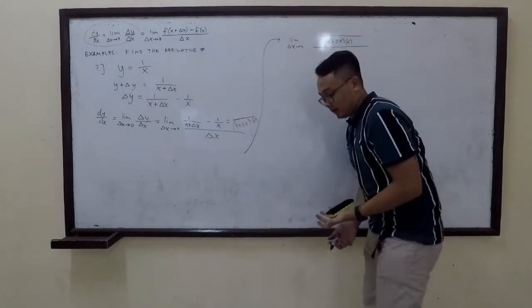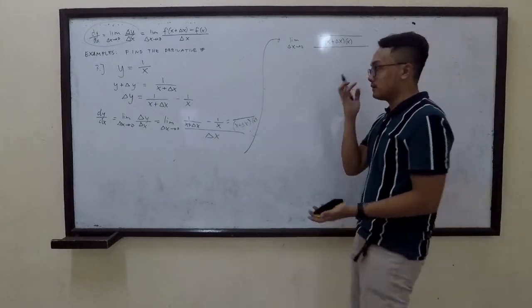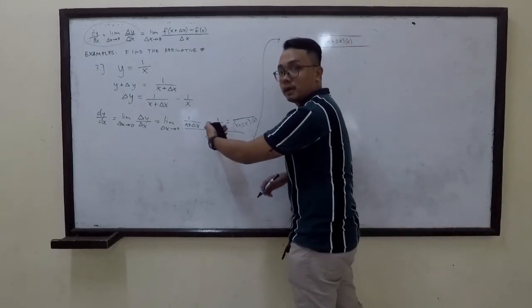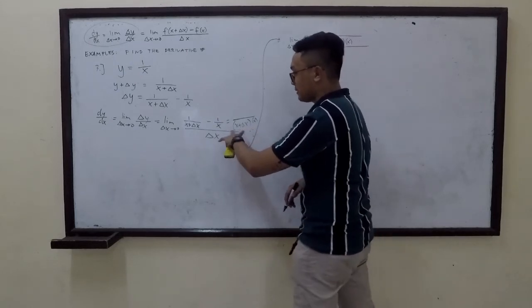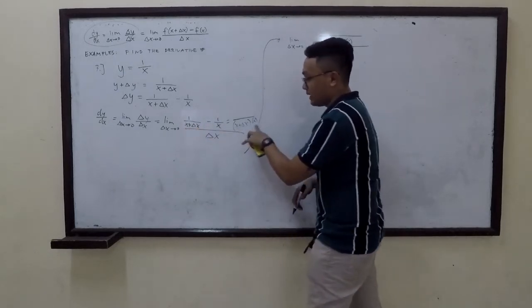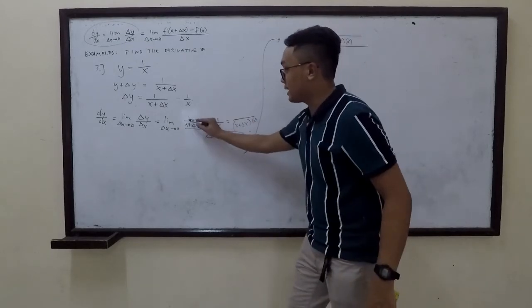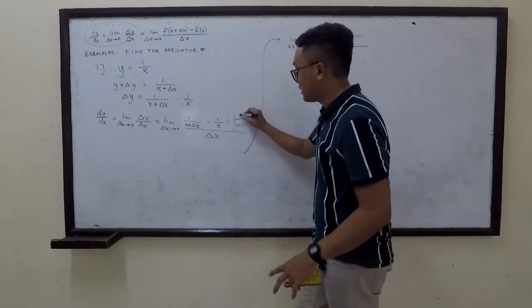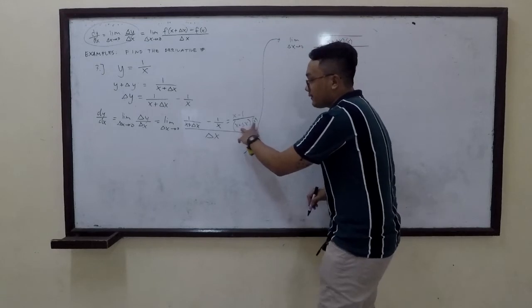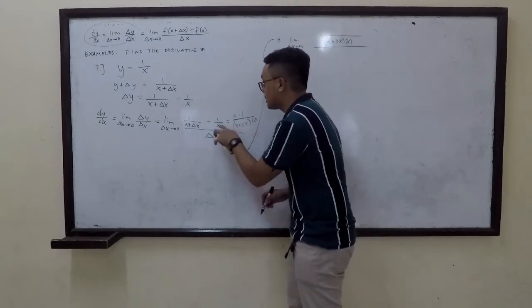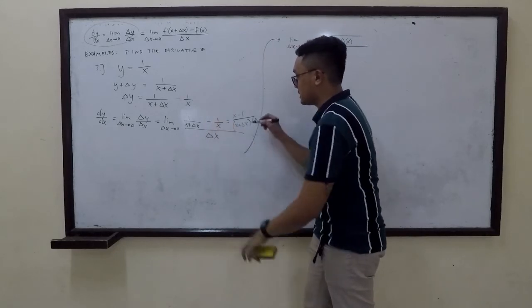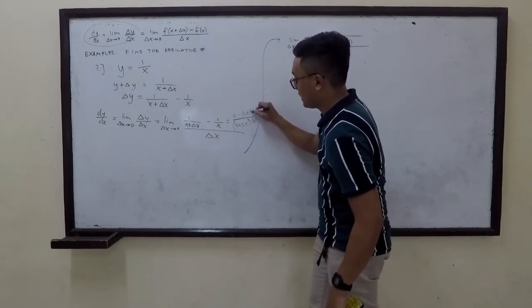Mahirap ang pag-subtract kung hindi pareho ang denominator. So divide lahat by the denominator, ang mabilin x lang. Then x times 1 is just x. Then minus, divided by x, ang mabilin x plus delta x. So x plus delta x multiplied by 1 is just x plus delta x.